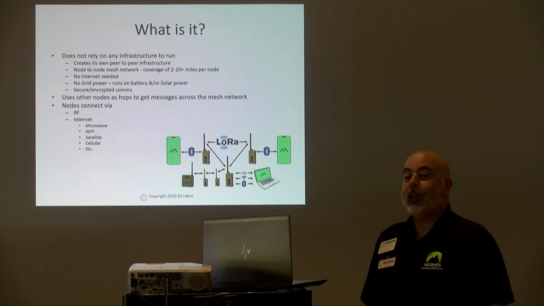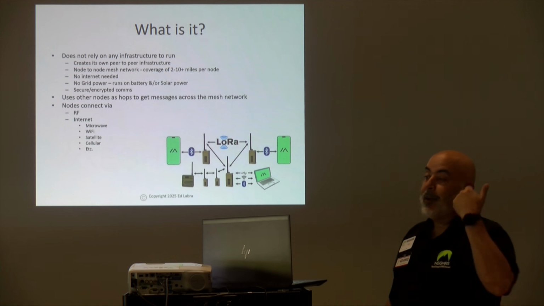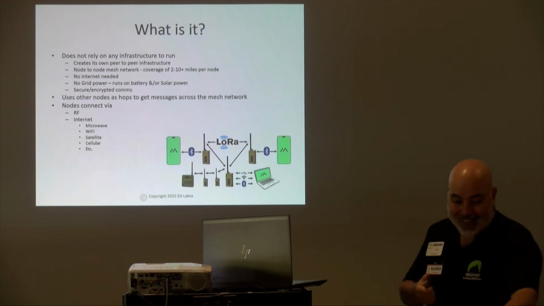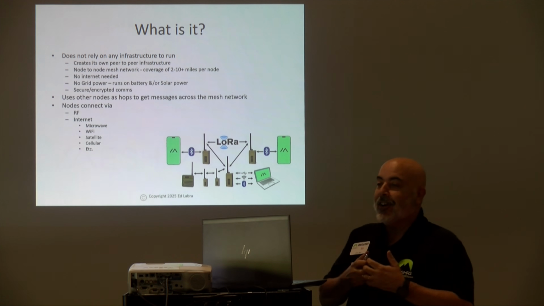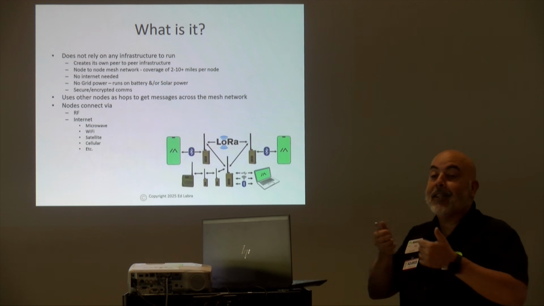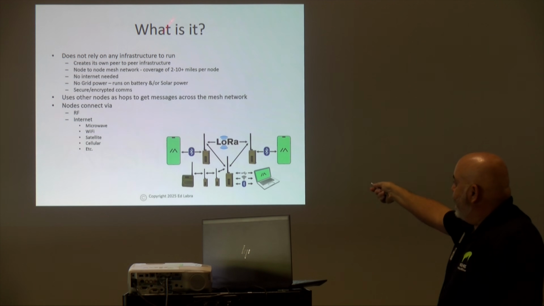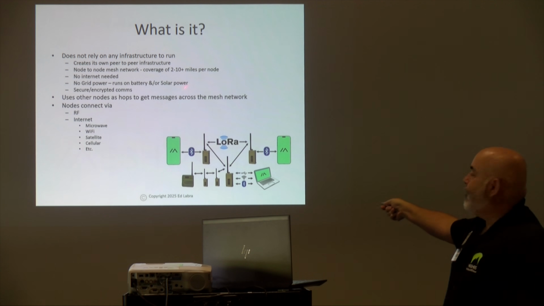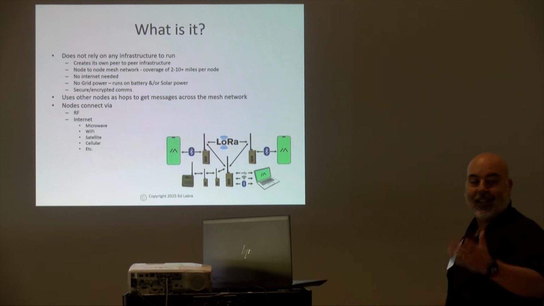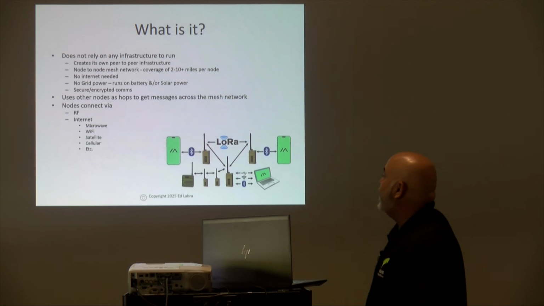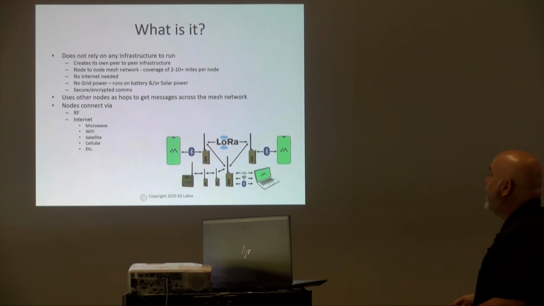And every week, at least 2 or 3 times a week, somebody gets up on an airplane and starts sending out messages. Yeah, there was a guy on Frontier Airlines, and he's sending messages from 35,000 feet, and he's covering multiple states. So your range will vary. The number of hops, as Randy says, will depend on where you are and what you're doing. No internet needed, no grid power.